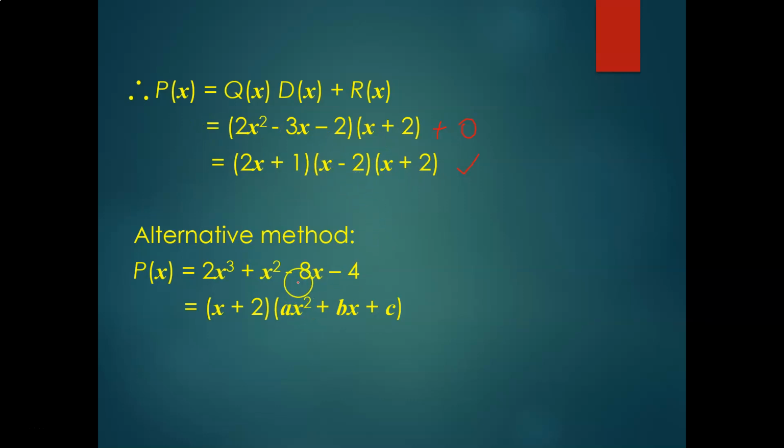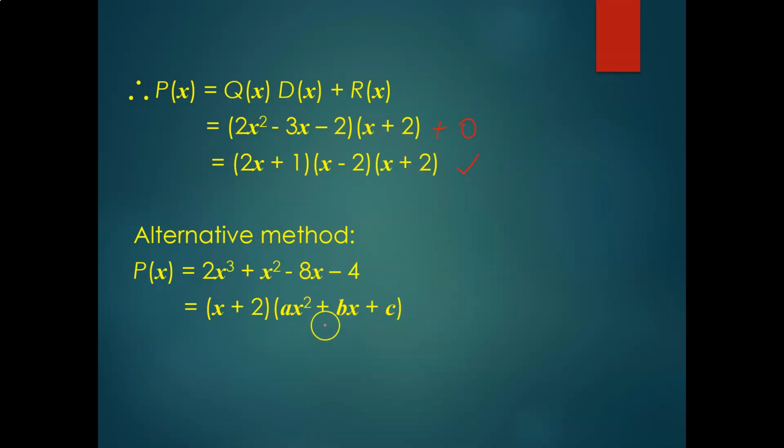Or we can also have alternative method. By using this one, we have our px macam ni. So you can write it down using x plus 2 is our, what we call it, our divisor, right? Our divisor. So you have ax squared plus bx plus c.